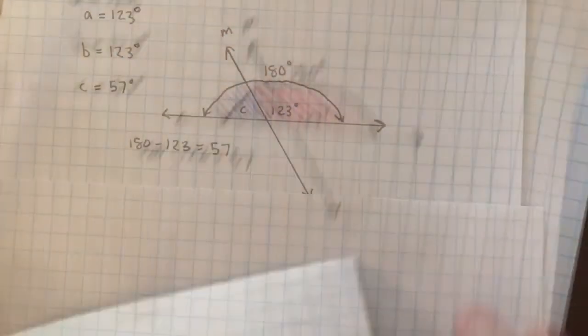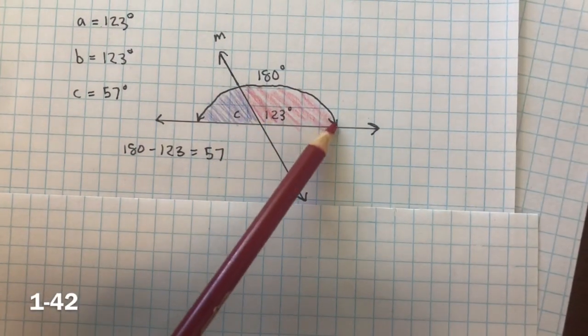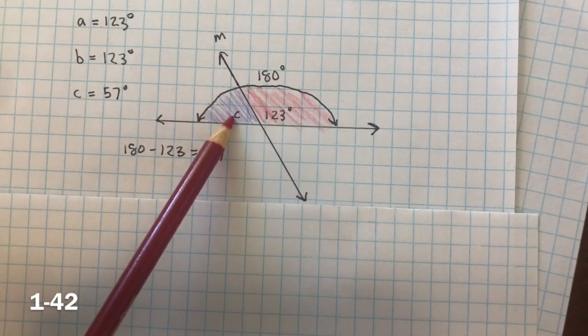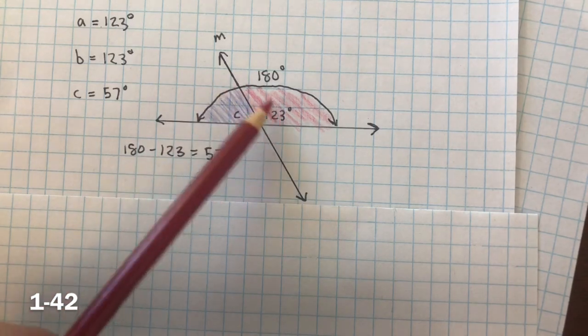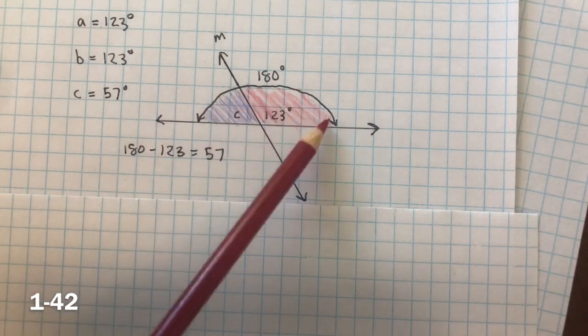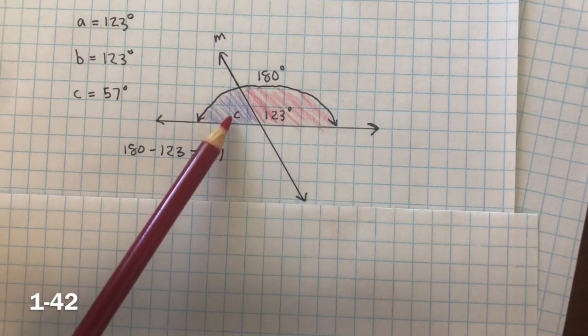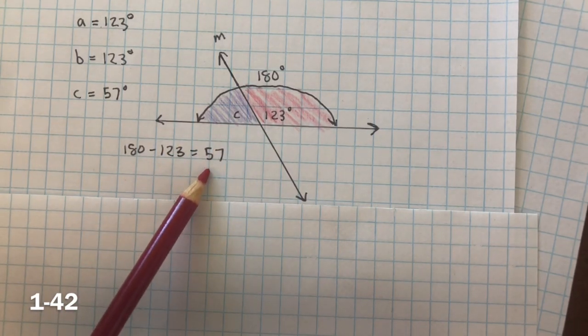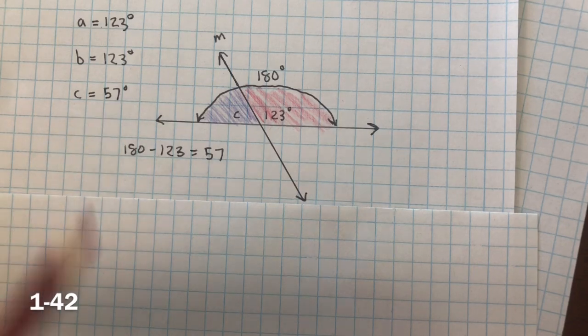So if we look at that same angle here, angle C plus 123 degrees equals 180. Or we could say 180 degrees minus this red angle, 123 degrees, will give us C, which is 57. So the measure of angle C is 57 degrees.